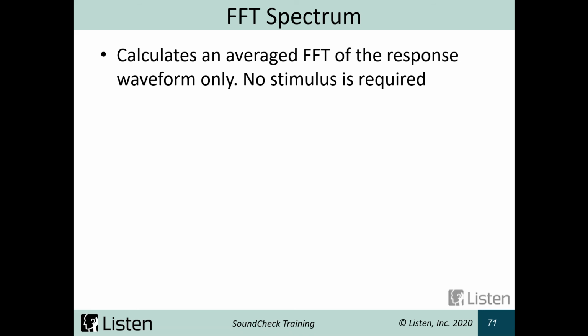All we're doing is taking an FFT of the response waveform. You don't even need to have a stimulus. A very common application of an FFT spectrum analysis step would be a record-only step, getting background noise and running that background noise through an FFT. You're not outputting anything, you're just recording, and you're only feeding in one waveform to this step.